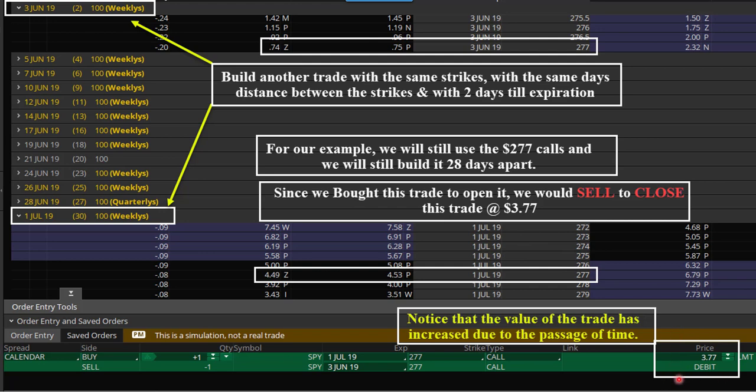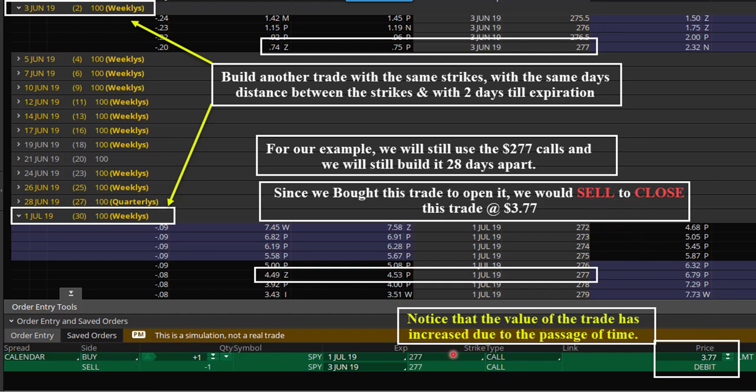We could just see, if we were to shop for one of these trades at this time, what's the going rate? Well, the going rate is $3.77. Well, when we built ours, it was $1.92. So after we built it, it gained value through time, and now when we go to sell it back to the marketplace, we'll make quite a bit of profit because we're selling to close.